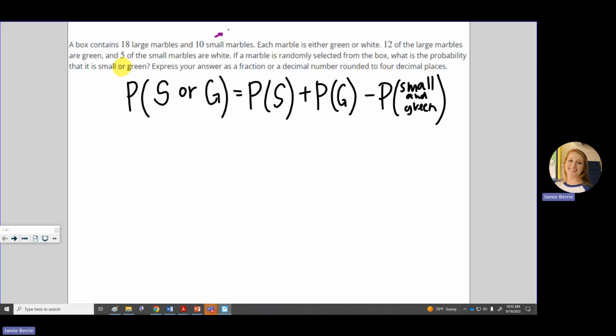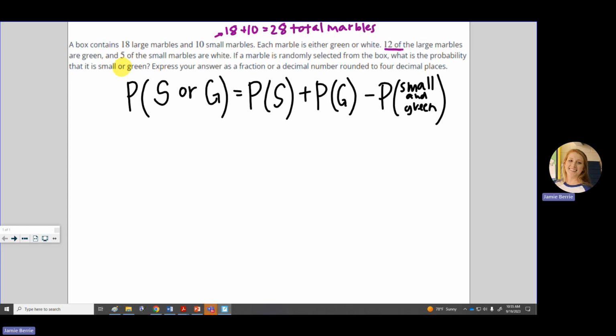That tells me that there's 18 plus 10, so 28 total marbles in the box. Each of the marbles is either green or white. So for these 28 marbles, they can either be green or they can be white.